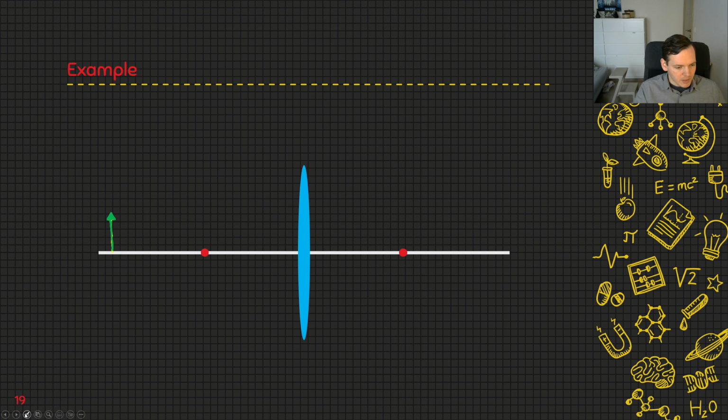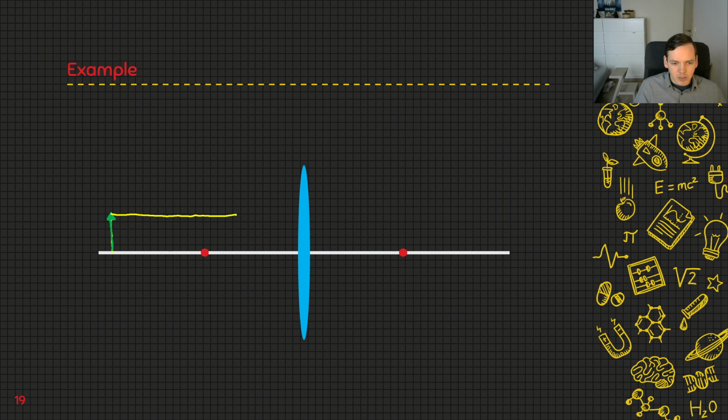Now we've got to draw a bunch of rays, and it's going to be a little bit tricky for me to do this cleanly on the computer, but if you want extra support or it's not clear what's going on, we can definitely talk about it in person.